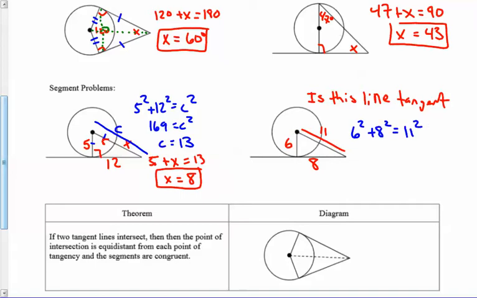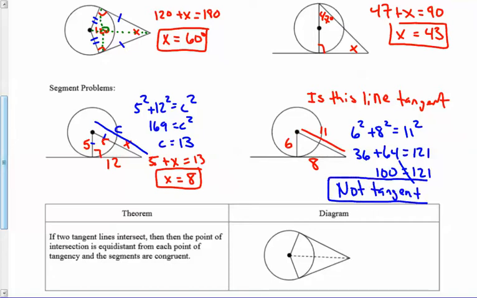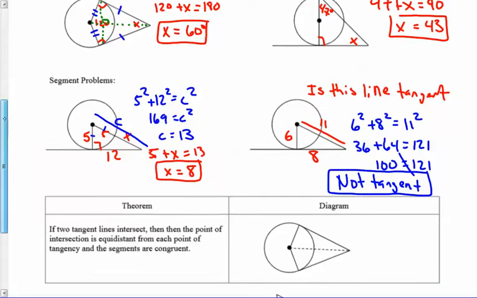If it's not a right triangle, then it's not a tangent line. So this is 36, 64, 121. So 100 equals 121. They're not congruent, so it is not tangent. It has to be a right triangle to be tangent. And if we remember, this hypotenuse is too large, therefore it's an obtuse triangle, and obtuse triangles do not make tangent lines.